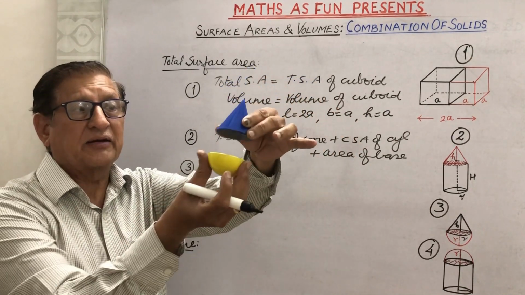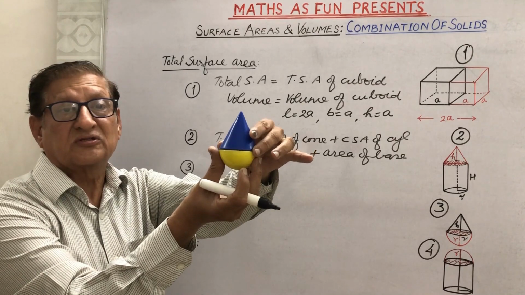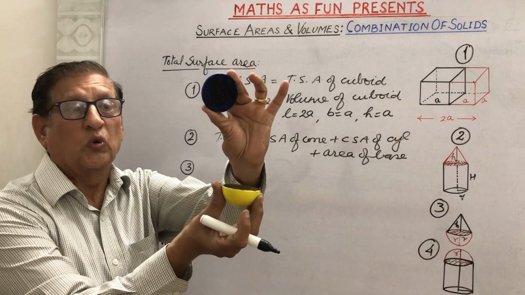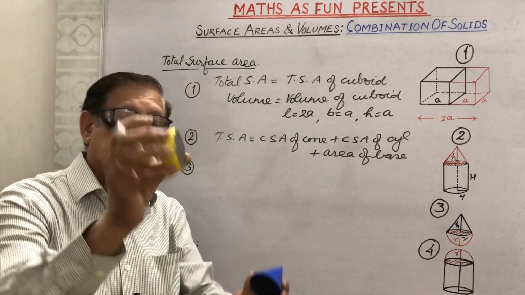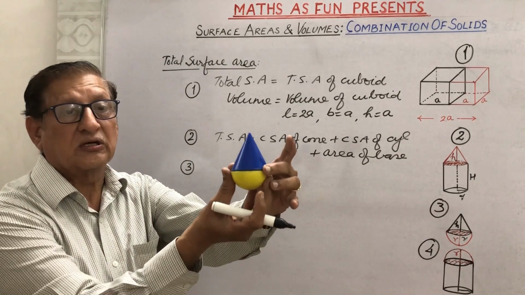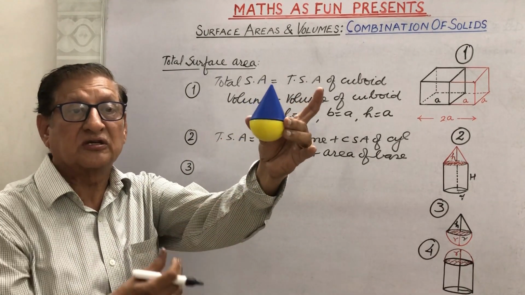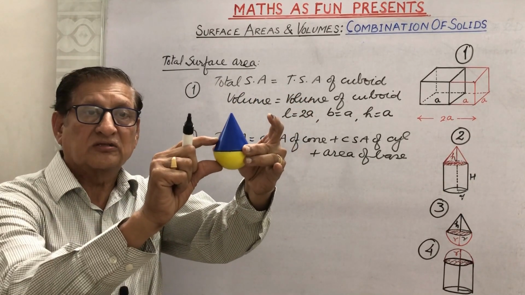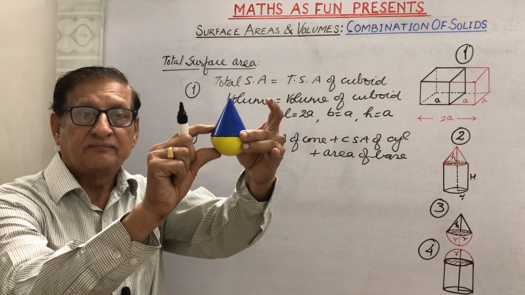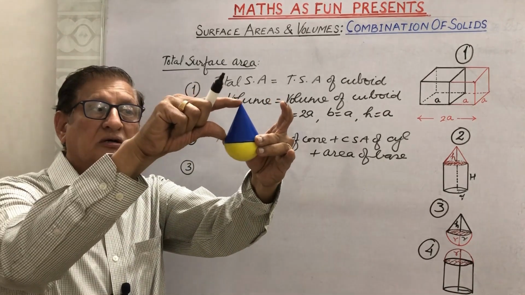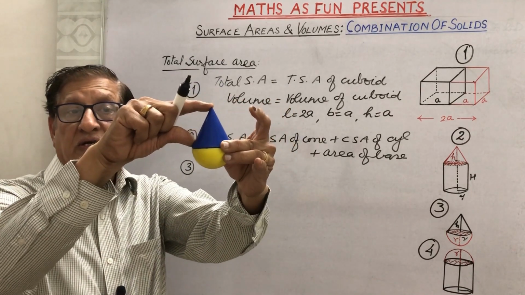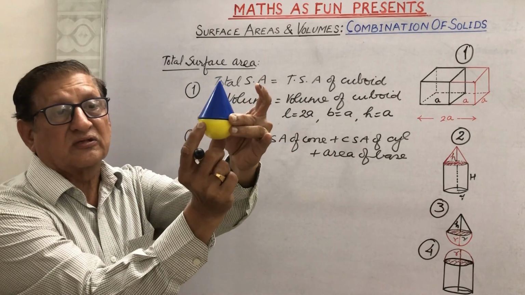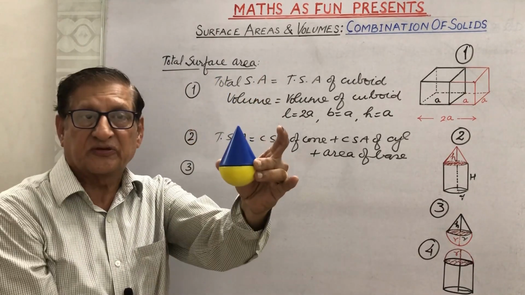If we join them, attach them together, see here, the base of the cone and the base of the hemisphere, they are inside now, there are no more faces of this, there are no more surfaces of this. It means to find out the total surface area in such a case, we will add the curved surface area of the cone and the curved surface area of the hemisphere.